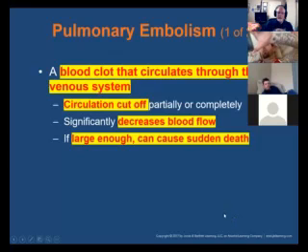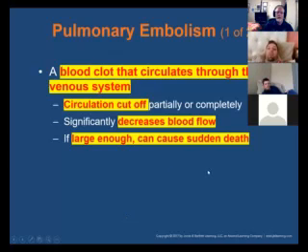If it's big enough that it straddles one of those bifurcations and blocks off all blood flow, maybe even to the whole left side, the upper and lower lobe, which is all you have in the left lung, it can be severe enough that it causes sudden death.